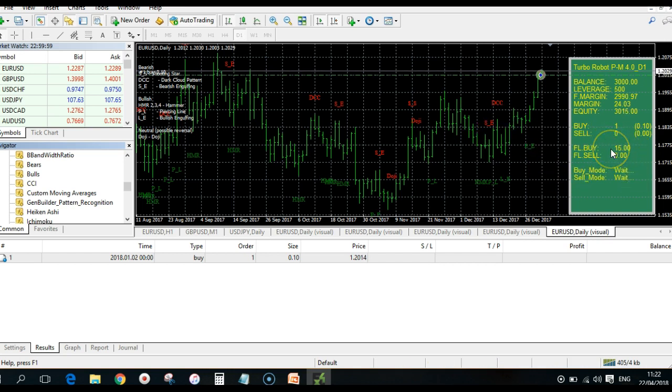It is more than $10 now, because the market keeps gaining better. So we will be waiting for the closure. Okay, slowly. The moment it reverses back, it will close at your 10 pips.